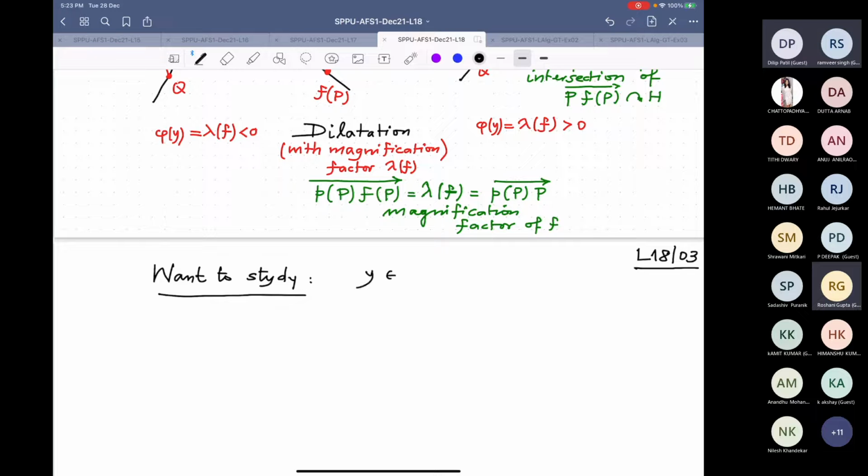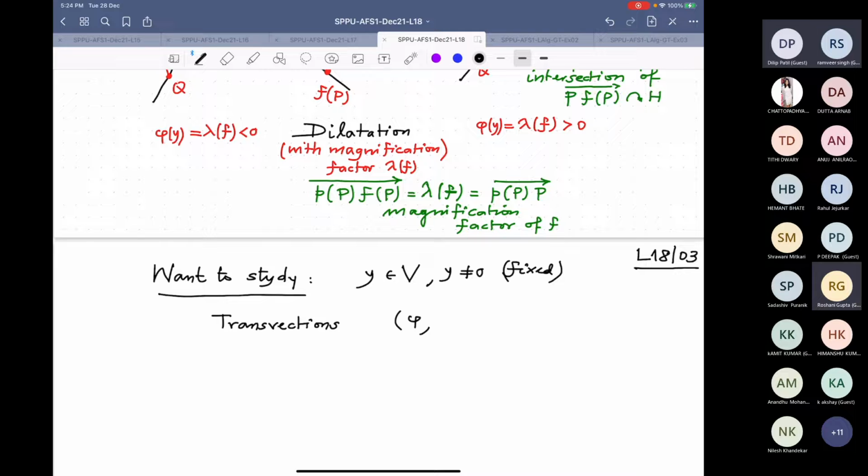y is a given vector. Y is a non-zero vector. This is fixed. And I want to study transvections, let me call it therefore not Ty, this one.